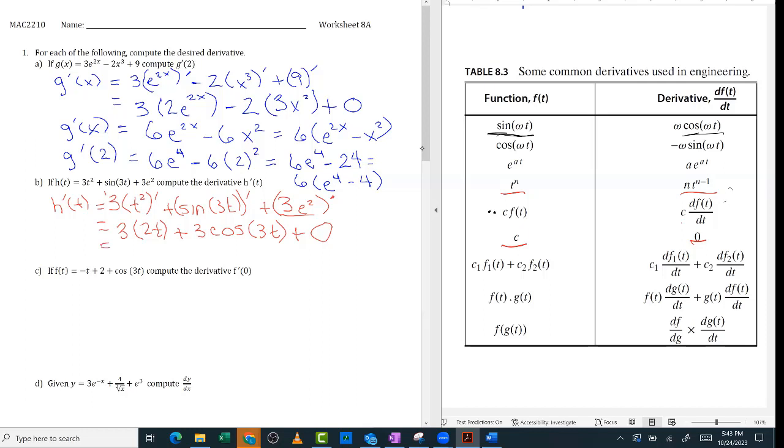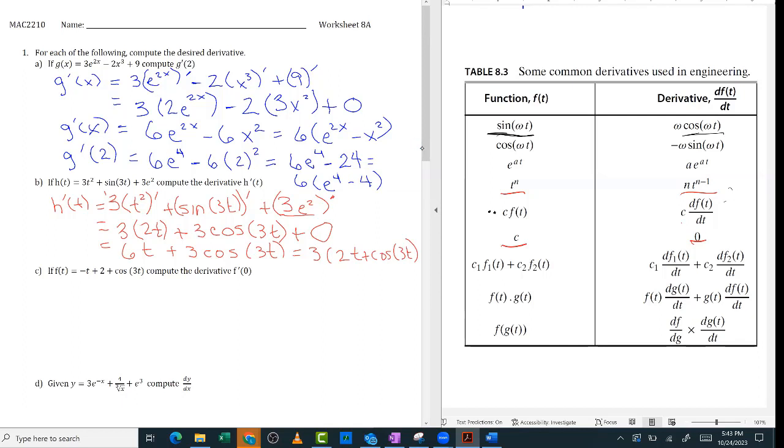My final answer here would be 6t plus 3 cosine of 3t. And of course, I can factor out a 3, which gives me 3 times 2t plus cosine of 3t. And again, that's my final answer.